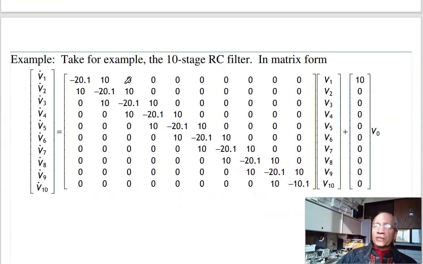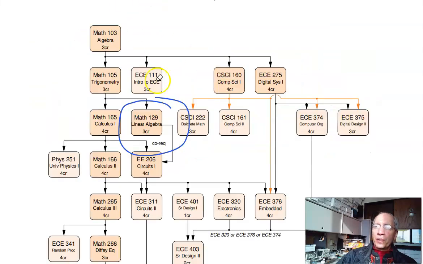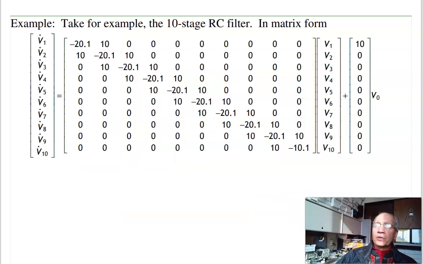So let's go back to that 10-stage RC filter. In matrix form, I had B1 dot is minus 20.1 B1, B2 dot is minus 20.1 B2, and so on. This is the matrix form that represents that. This is a 10 by 10 matrix. When you get to Math 129, you'll learn that an n by n matrix has n eigenvalues and eigenvectors.